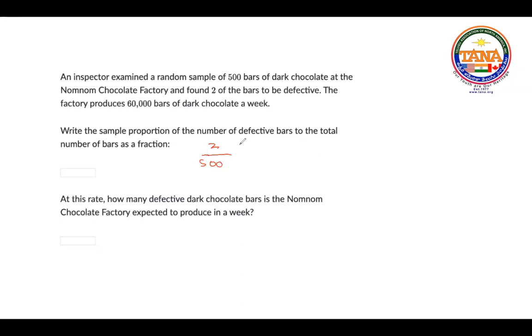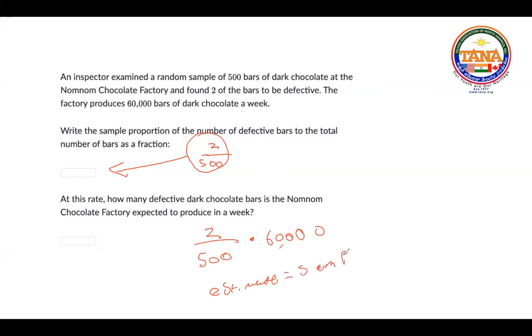2 out of every 500 are defective. And so that means that 2 out of every 500 are defective. That is A. And to get B, or number 2, you do 2 over 500 times 60,000, because remember the formula is estimate equals sample proportion times population, which is number of chocolate bars per day.